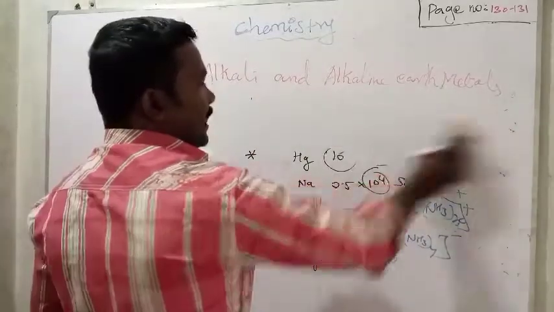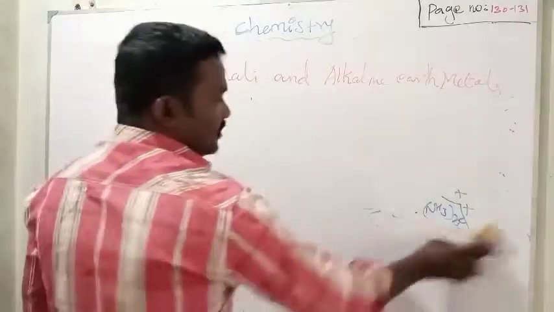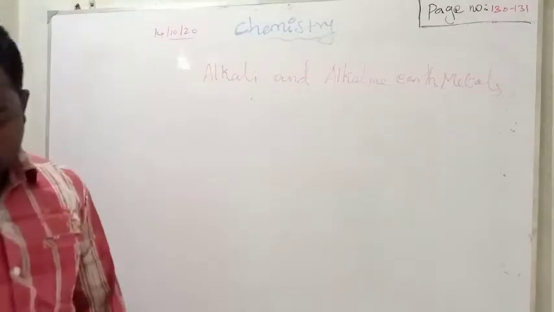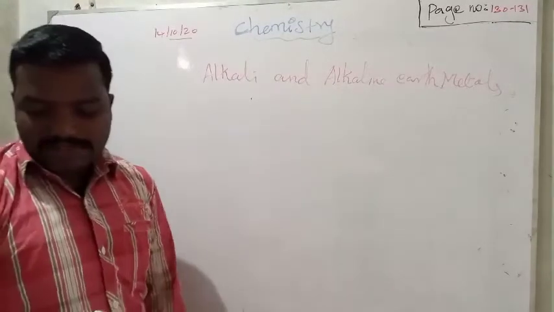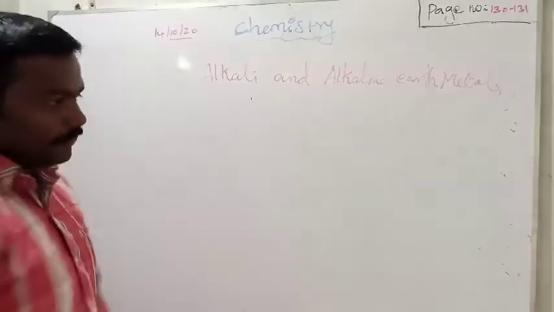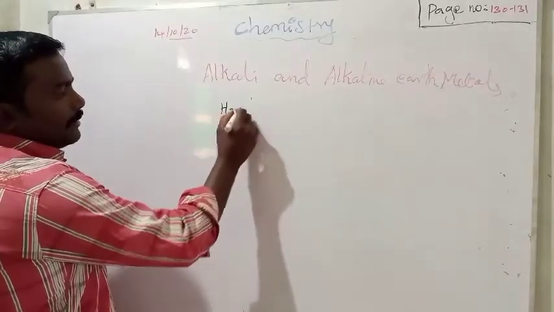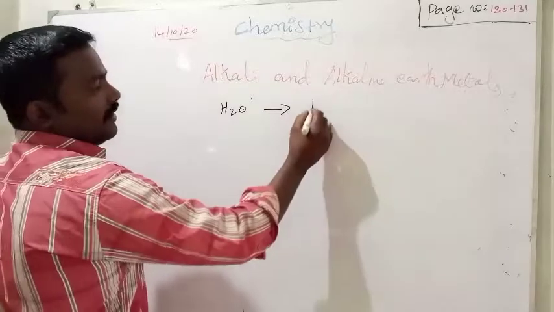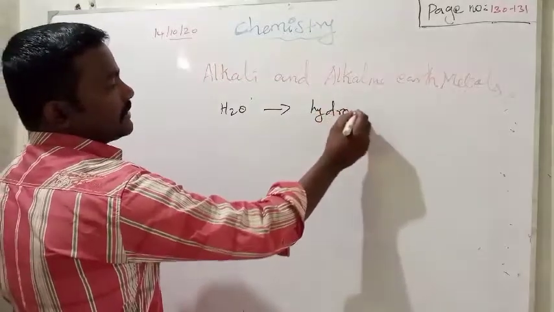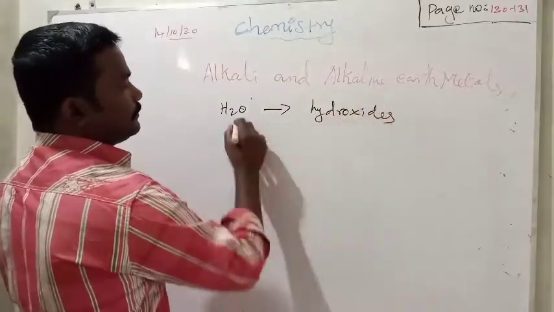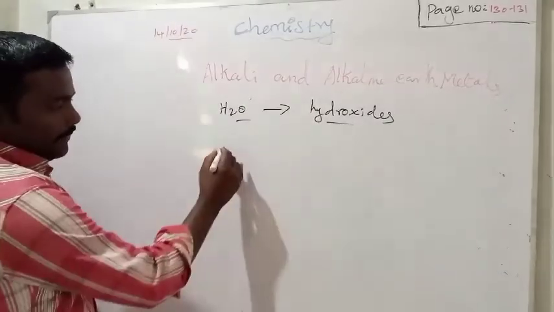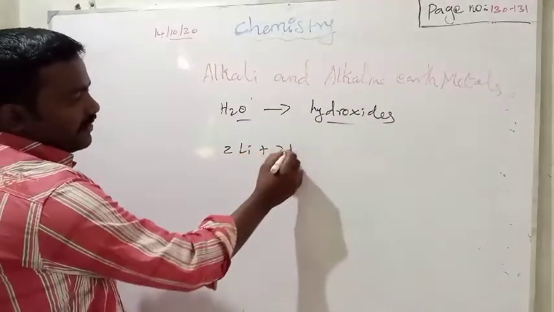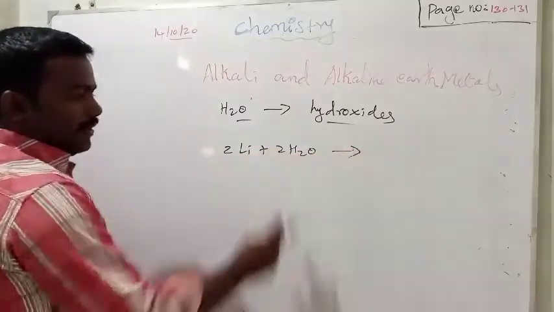Then how do alkali metals react with water? Usually alkali metals reacting with water give hydroxides. Basic hydroxides will form with water. We'll see one example. Lithium reacting with water, what will happen?